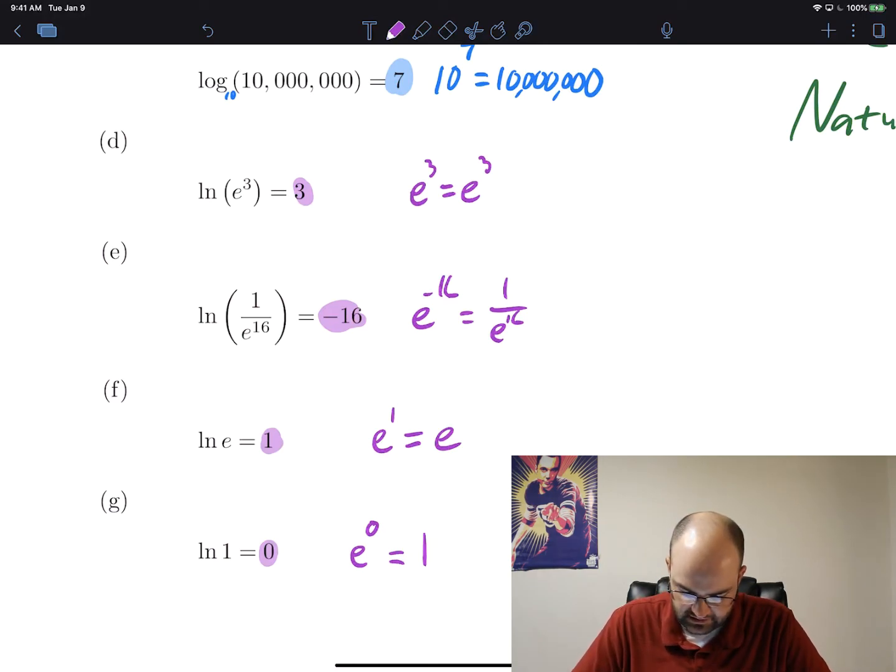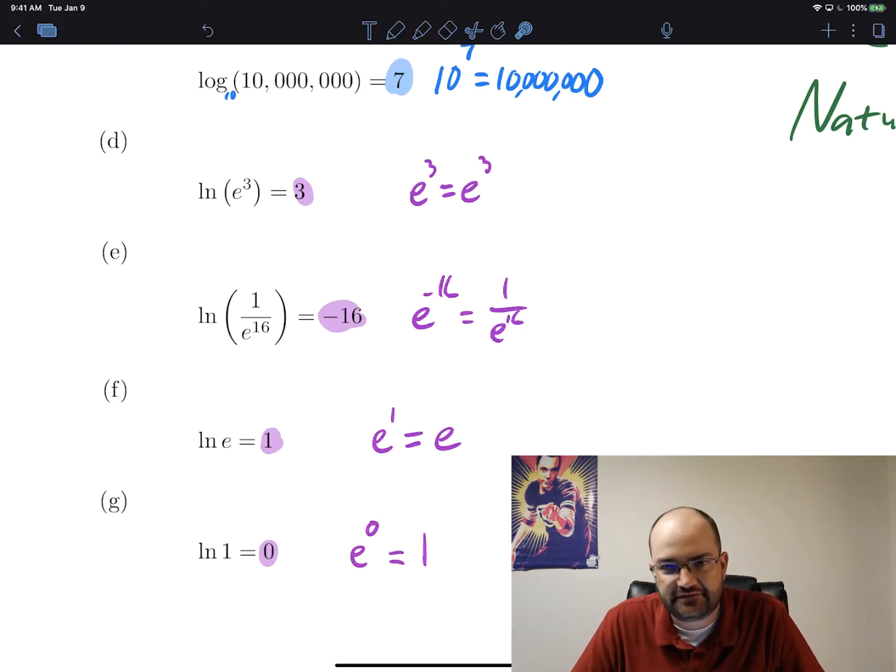What's great about this is that anytime your argument is 1, you're always going to equal 0, because anything to the 0 power equals 1 every single solitary time, and we love that. Just keep that in mind. Anytime your logarithm, no matter what your base is, as long as your argument is 1, as long as it's a valid base, you're going to get 0 from it.